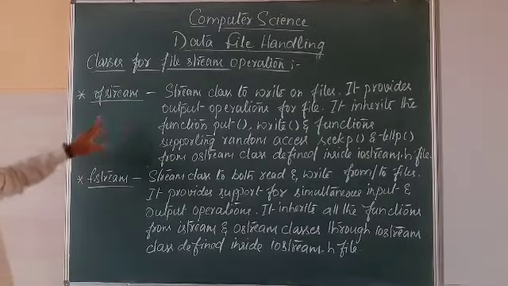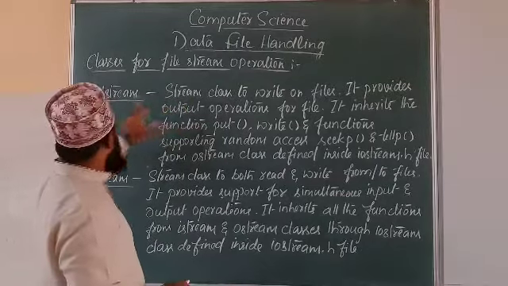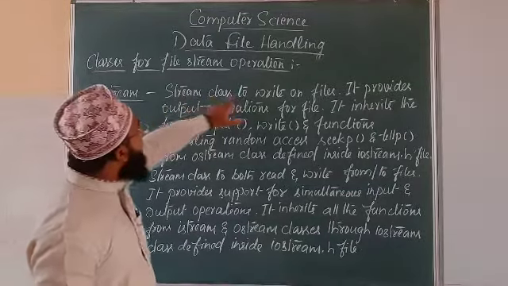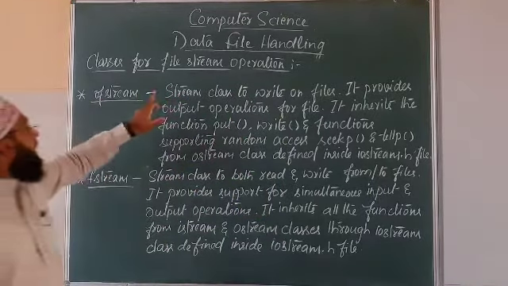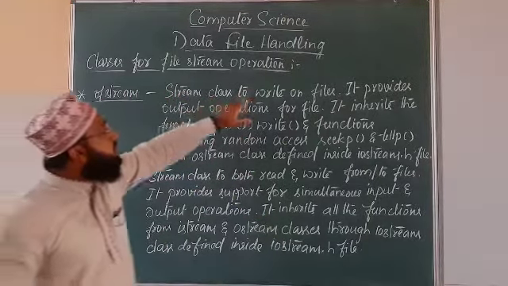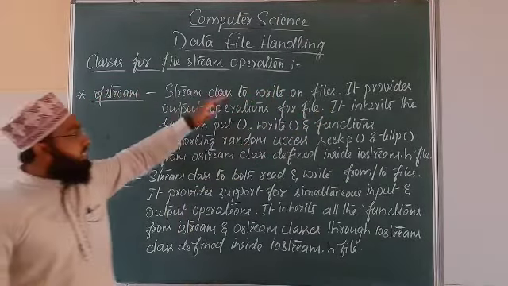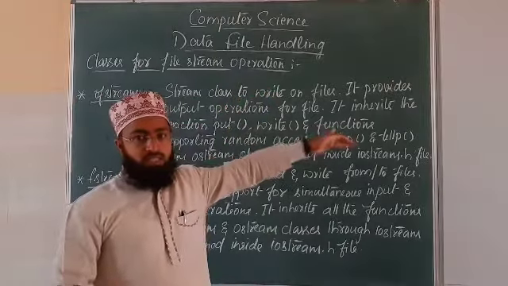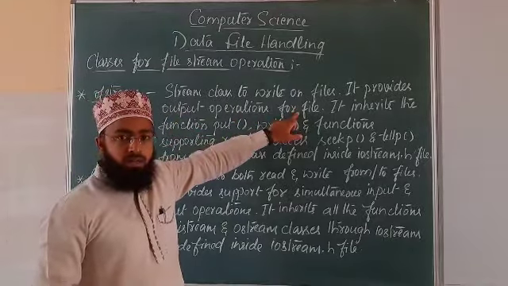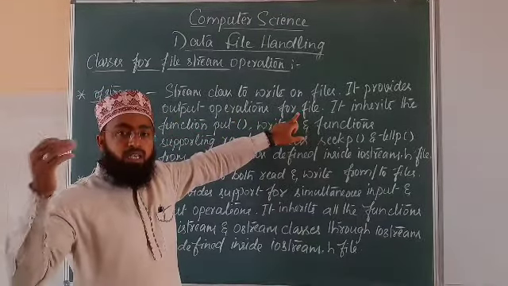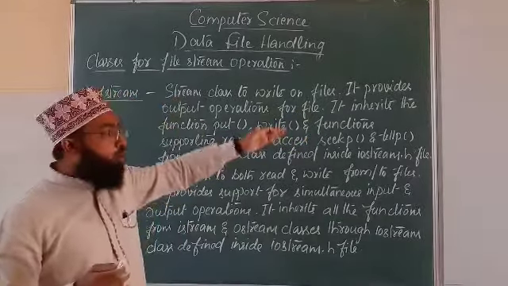And now the last two classes, ofstream and fstream. ofstream is a stream class to write on files, whereas ifstream is a stream class to read from files. ifstream provides input operations for files, but ofstream provides output operations for files.